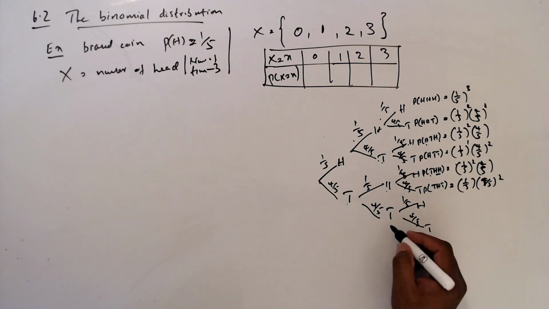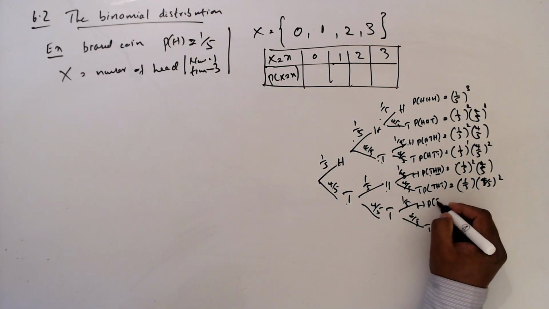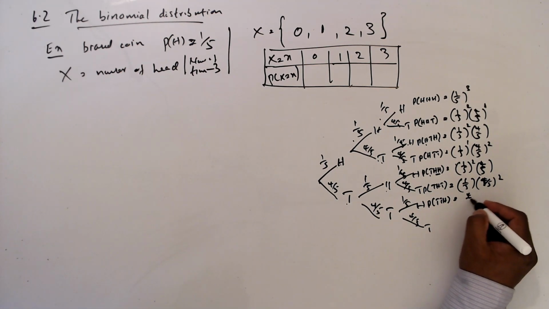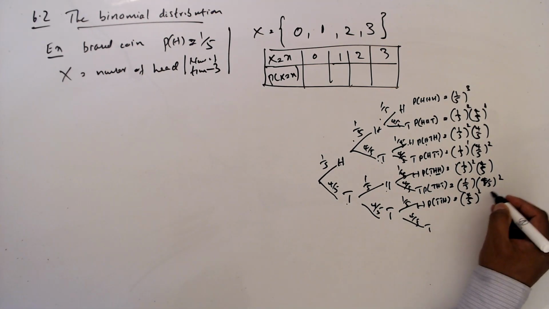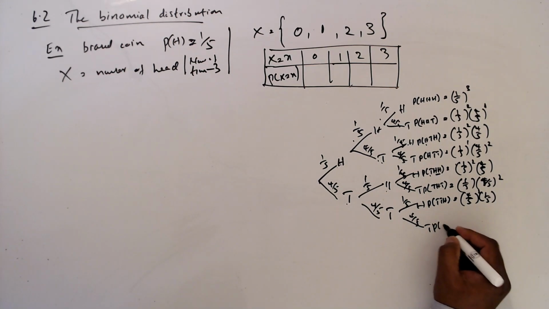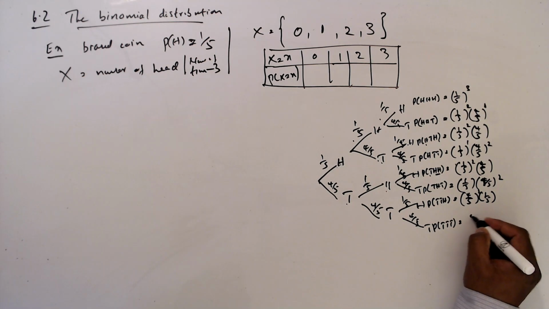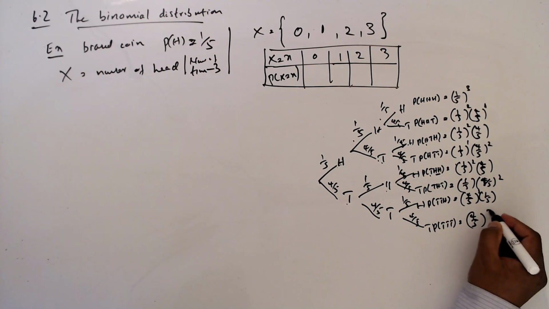And then tail, tail, head: 4 over 5 squared times 1 over 5. Then probability of tail, tail, tail is (4/5)^3.